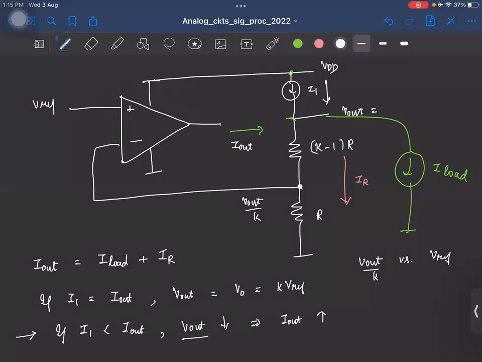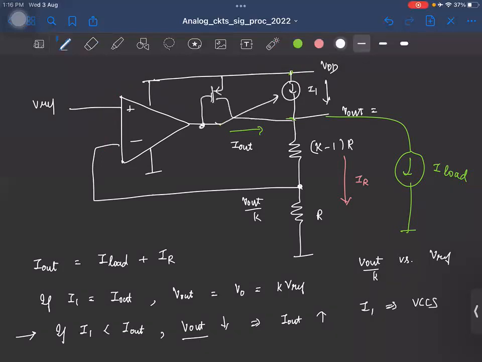So I1 is again a voltage controlled current source, right? So based on this, you will tune this. Again, what is the simplest voltage controlled current source? MOS transistor.